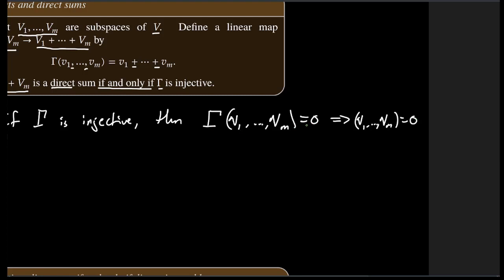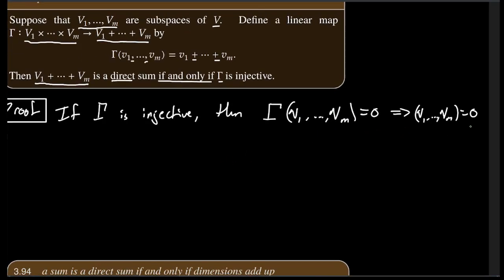And injectivity means that if gamma of V1 through Vm equals gamma of U1 through Um, then V1 through Vm equals U1 through Um. So since sending 0 through gives you 0, then anything else that you send through to get 0 must have been 0. Okay.